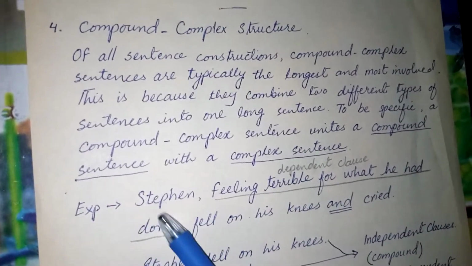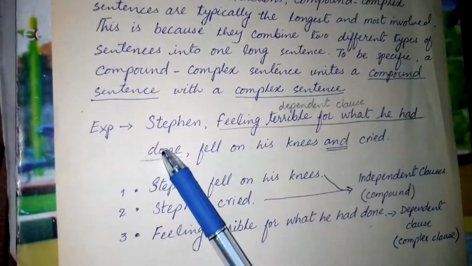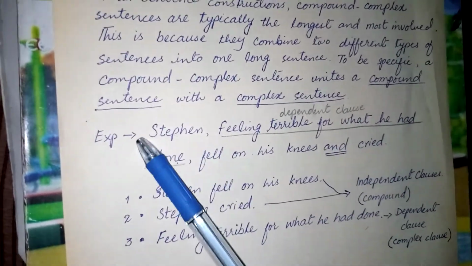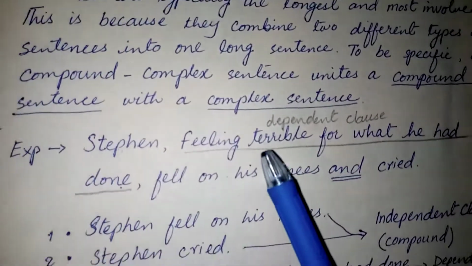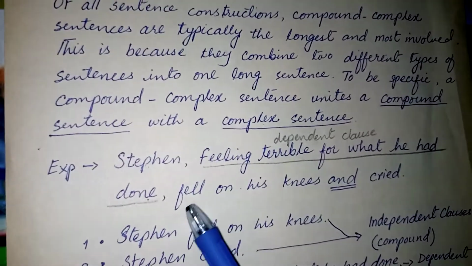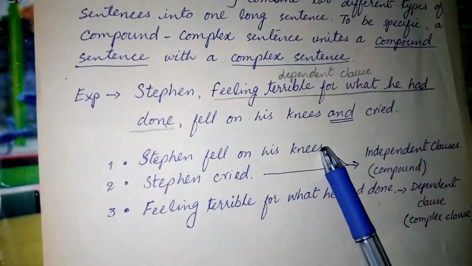Let's see the example. Stephen, feeling terrible for what he had done, fell on his knees and cried. Now out of this long complicated structure, we separate the main clauses and the dependent clauses. Number one is Stephen fell on his knees.